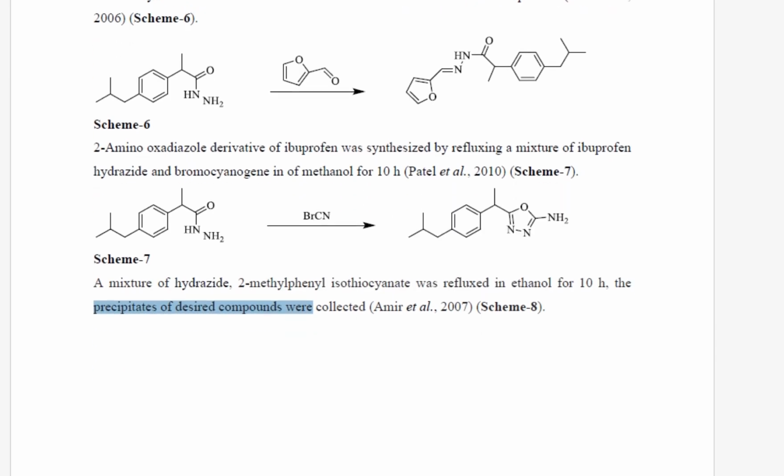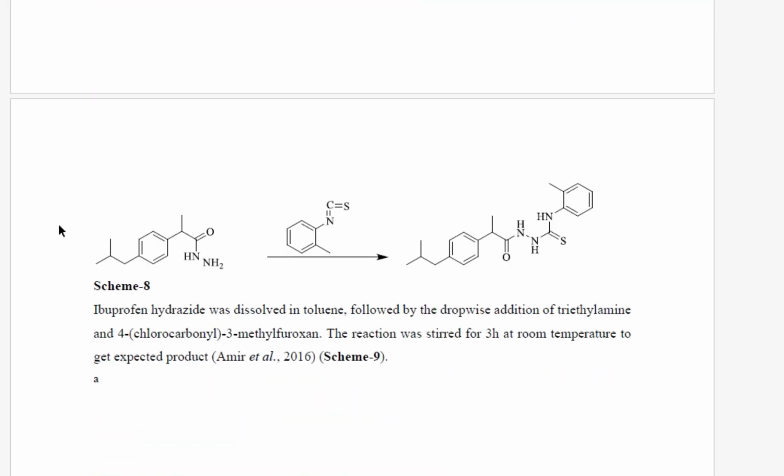Different isothiocyanates were reacted, ranging from electron-donating to electron-withdrawing groups, and the yield was also affected by the donating group. Disubstituted gave lower product, and mono-substituted gave a lot of product.